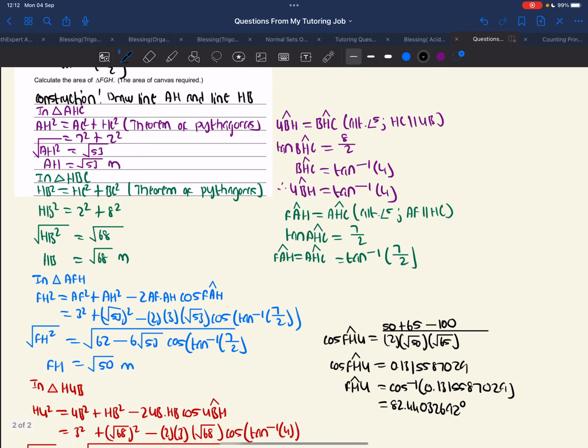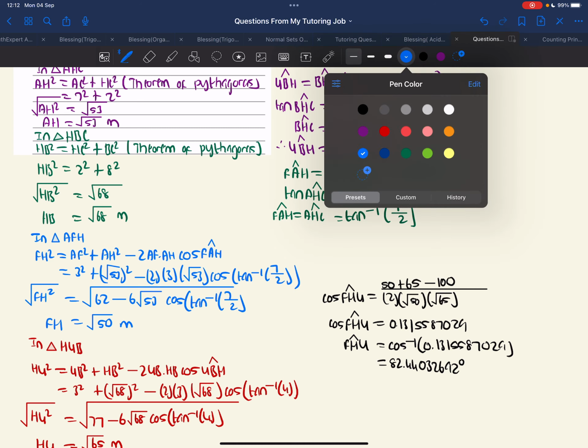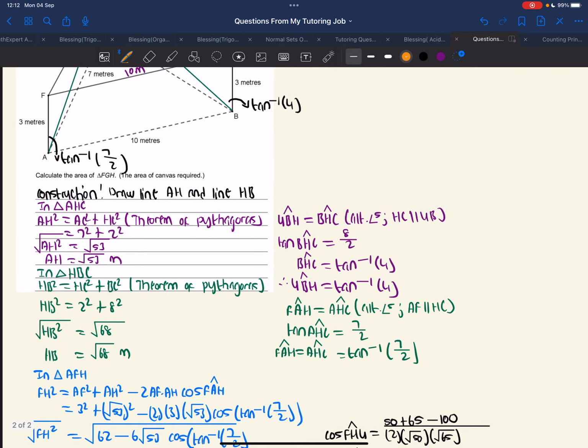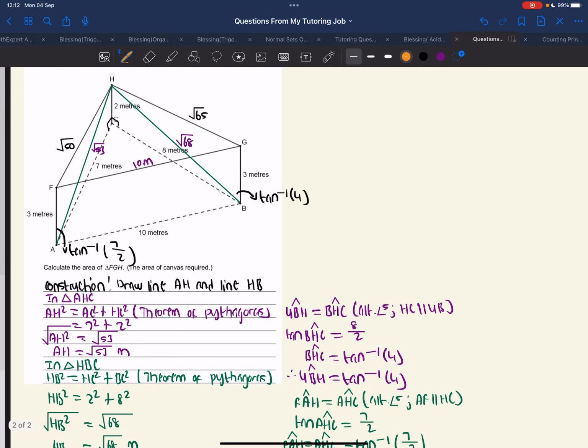So now I've actually calculated that angle. Now let me use a different color, to now calculate that area.